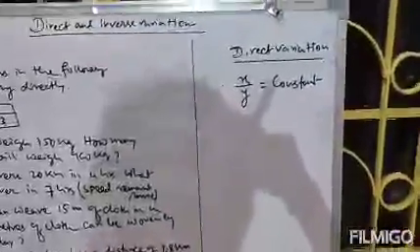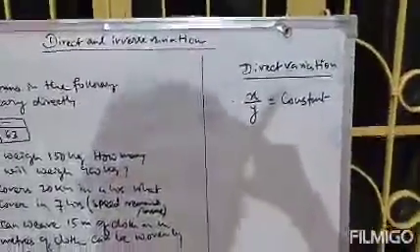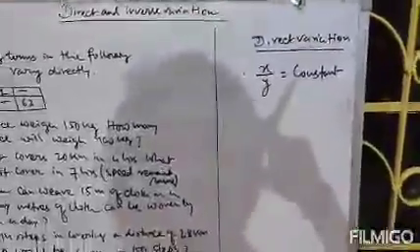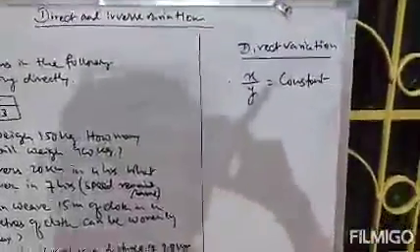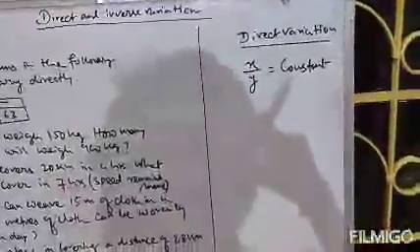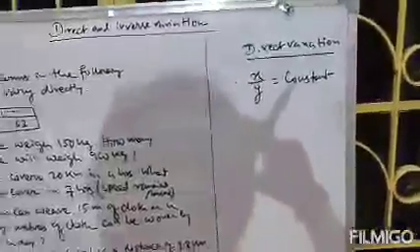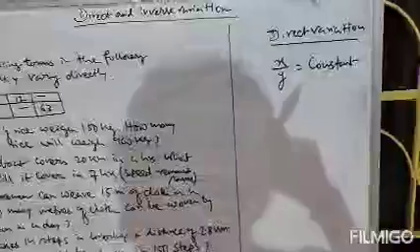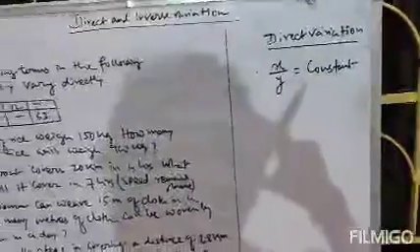I am repeating again, listen very carefully. If x increases, y will also increase, if x decreases, y will also decrease, such that x by y is always constant. That will be your direct variation. Only then we can say that x and y are in direct variation.